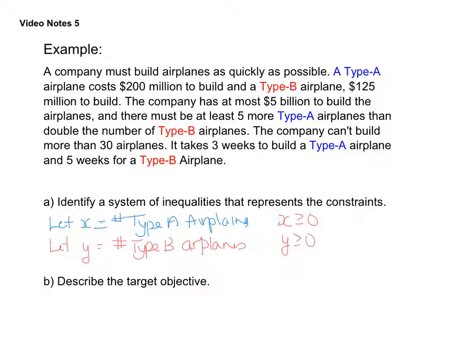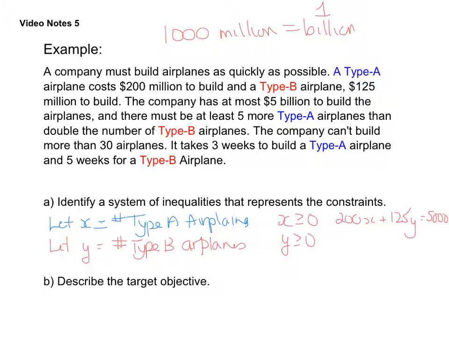We also have 200 million Type A's plus 125 million Type B's, and we'll leave the millions out. Just so you guys remember, there's 1,000 million in a billion. That's why I'm using 5,000, because 1,000 million equals 1 billion, therefore 5,000.